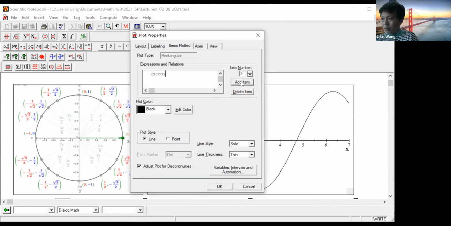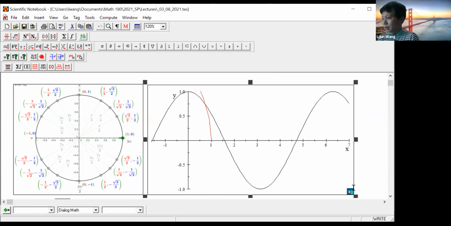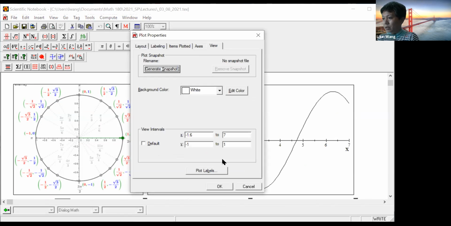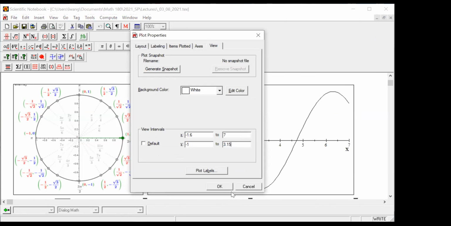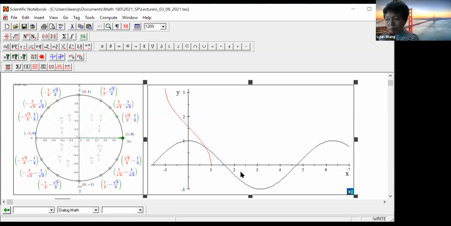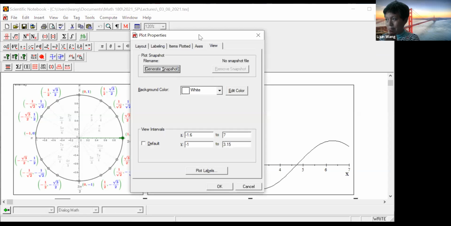Arc cosine x, I'm going to make it red. This is the arc cosine curve. The red is arc cosine. Do you follow me?